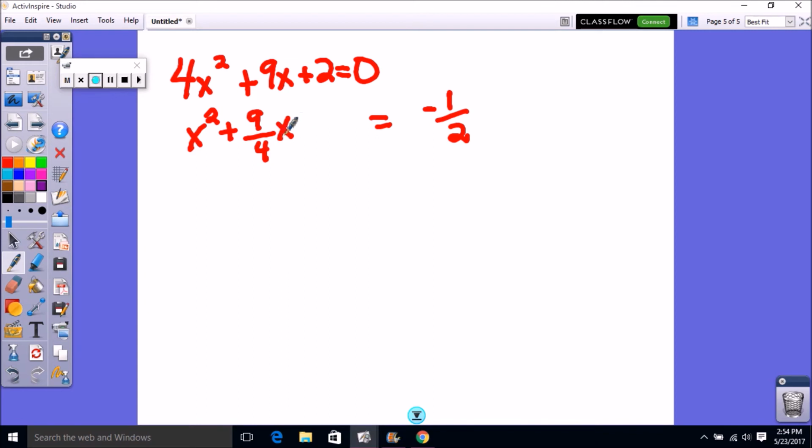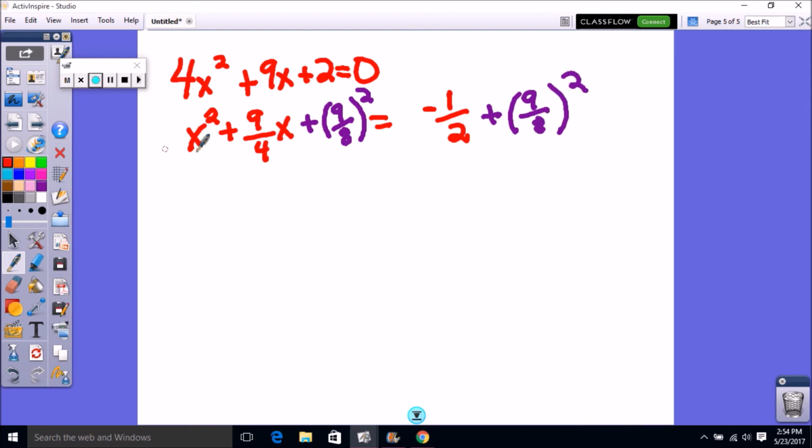I need to take half of the b term and square it. So when I take half of a fraction, I can just multiply the denominator by 2, correct? So that's plus 9/8 squared. And I'm doing it in a different color so you can see. Hopefully it helps follow the steps.